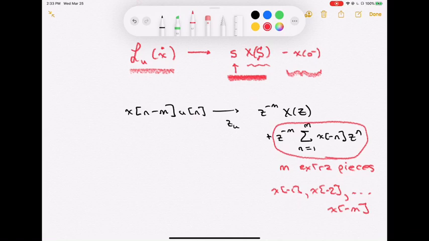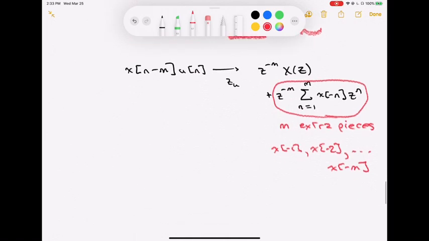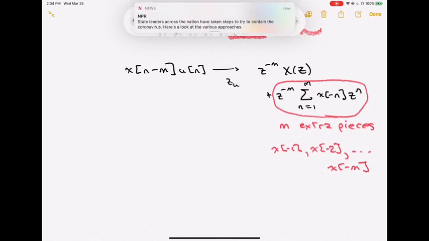So it's exactly like we'd expect. An mth order delay, which would result from an mth order difference equation, can support m initial conditions, and we see all m of those initial conditions explicitly get incorporated in our transform domain expression as long as we use the unilateral z transform. It all is exactly like what we saw with Laplace and doing derivatives.